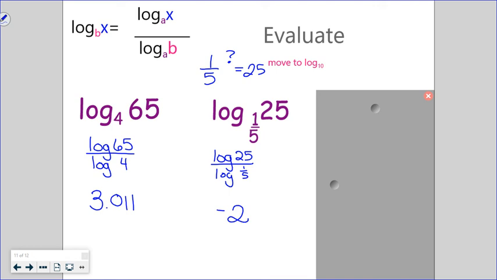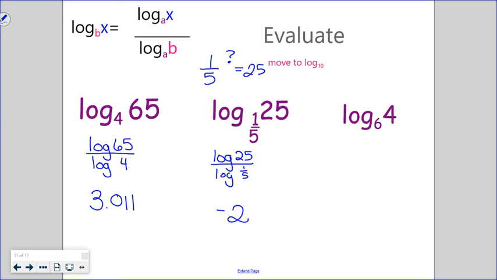Last one on your own. Evaluate. Six raised to something gives me 4.